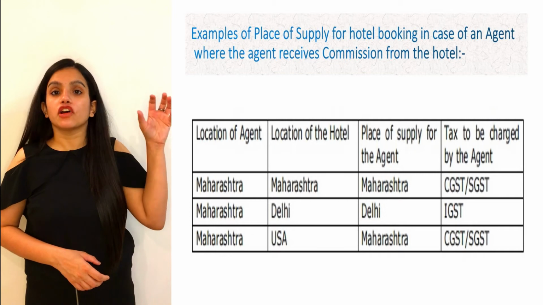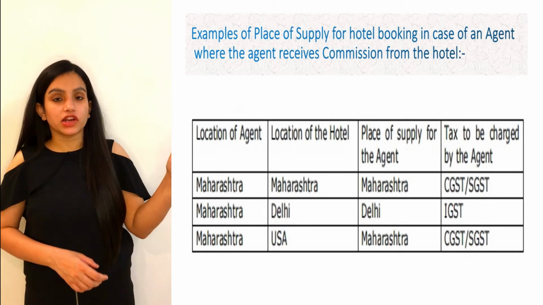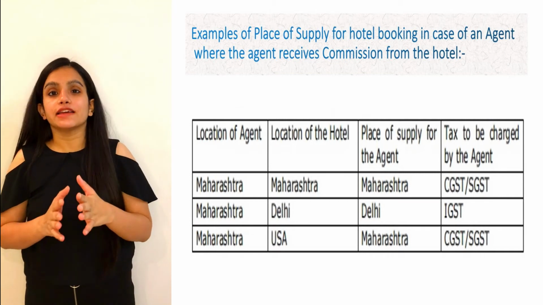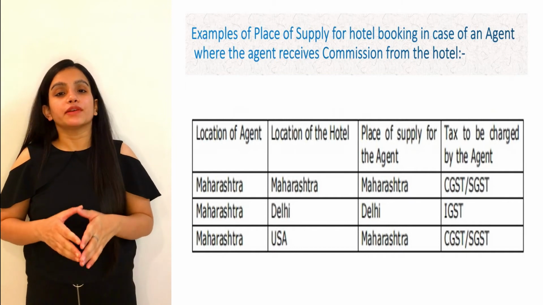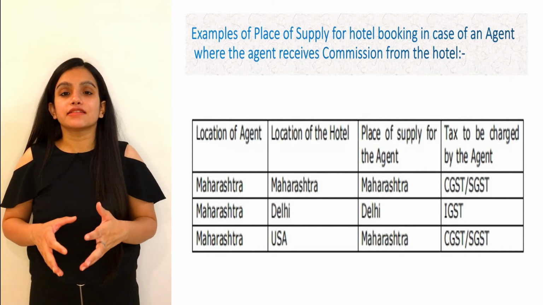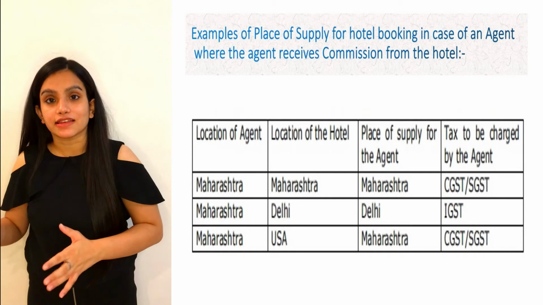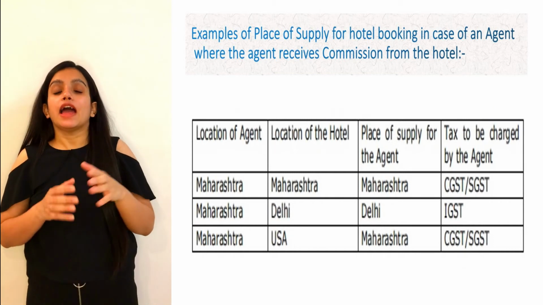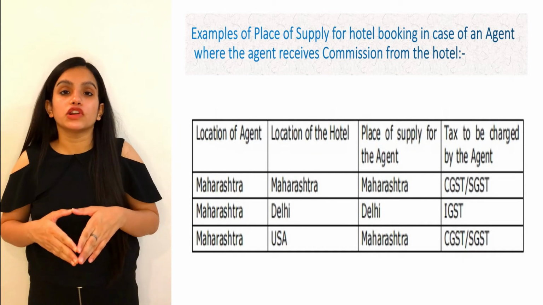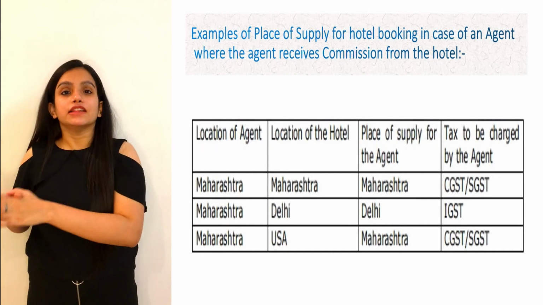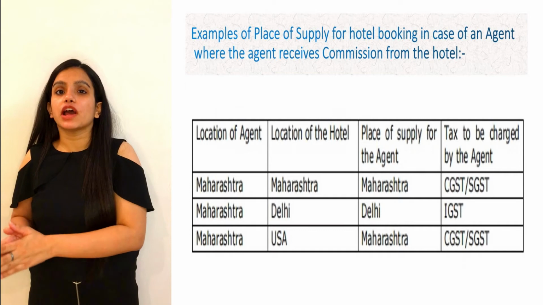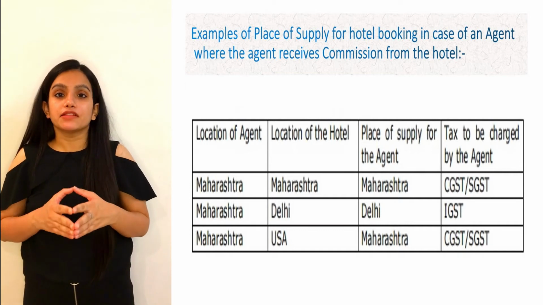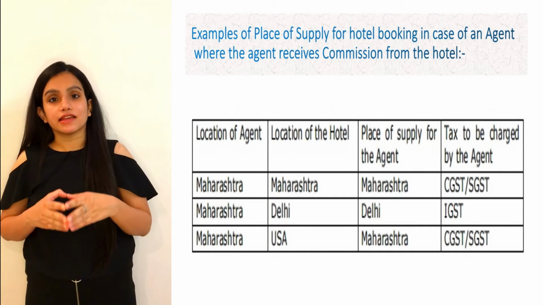If the location of an agent is Maharashtra, location of hotel is Delhi, then the place of supply will be Delhi and the GST will be charged as IGST. If the location of agent is Maharashtra and the location of hotel is USA, then the place of supply will be Maharashtra and the GST will be charged as CGST and SGST.